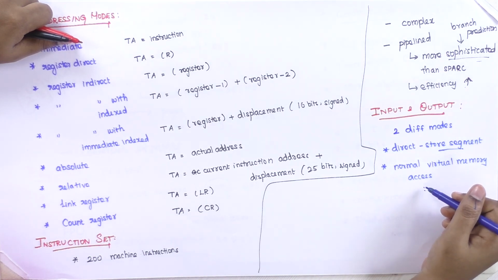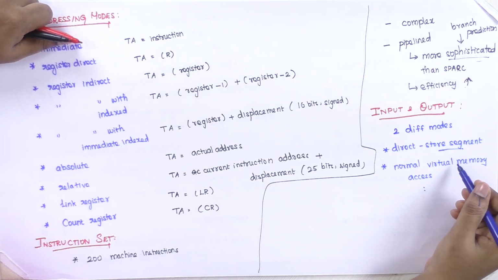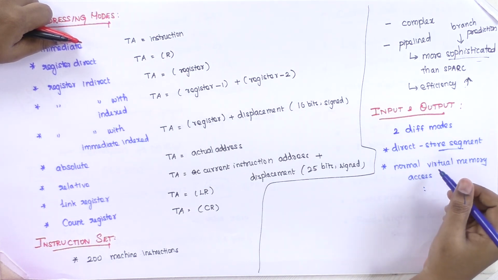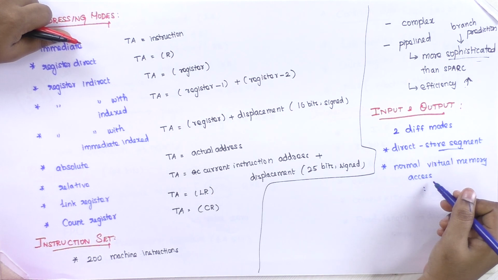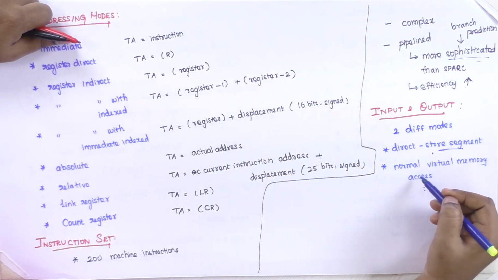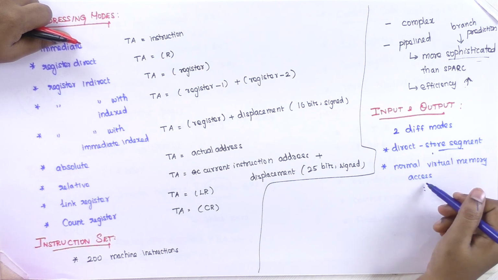So I/O is performed using virtual memory management hardware and software. Normal virtual memory access takes place for an address that is not present in a direct store segment.